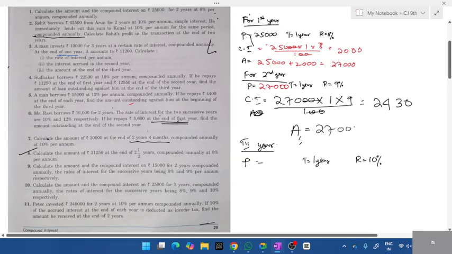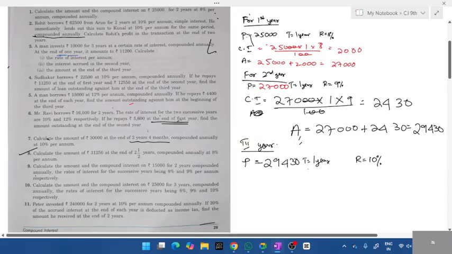So 29,430. After that, next principal will be 29,430.